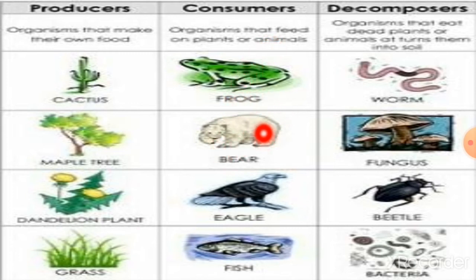They depend on other animals or plants. For example, frog, bear, eagle, fish, etc. Decomposers means organisms that eat dead plants and animals and turn them into soil. Examples are earthworm, fungus, bacteria, etc.